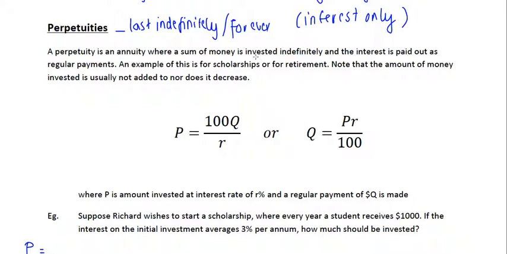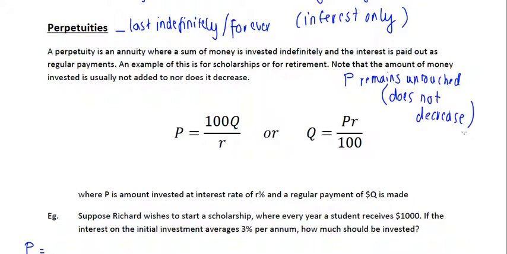With a perpetuity, the money that you're getting is just the interest that has been accumulated. So what this means is the principal stays the same. Principal remains untouched. Therefore, it does not decrease at all. Despite you withdrawing from the perpetuity, it is not decreasing at all because you are only withdrawing the interest that it has earned.